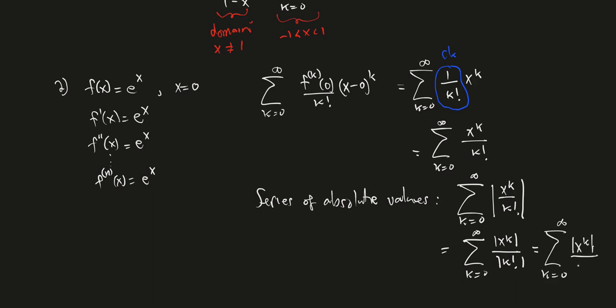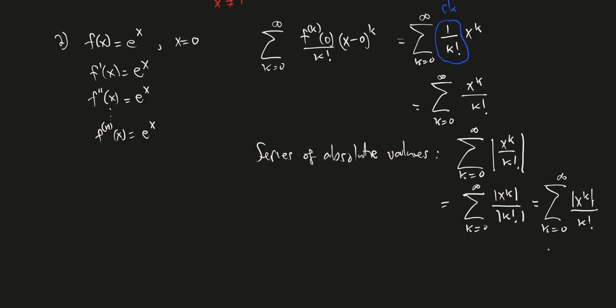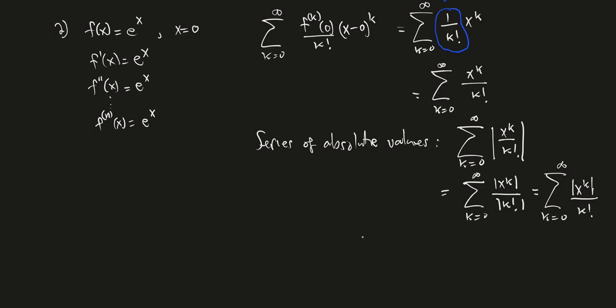All right, and now let's use our ratio test, because we know the ratio test is very, very helpful with factorials. So using the ratio test, let's set up a sub k plus 1 divided by a sub k.